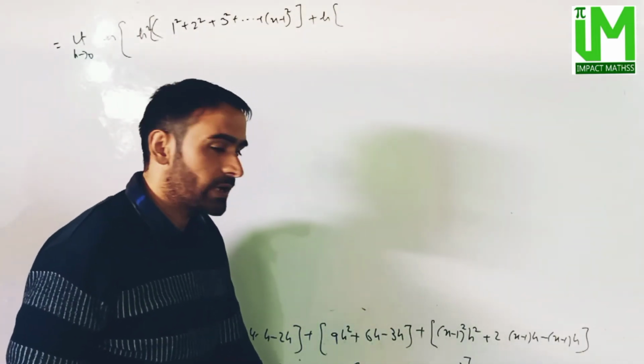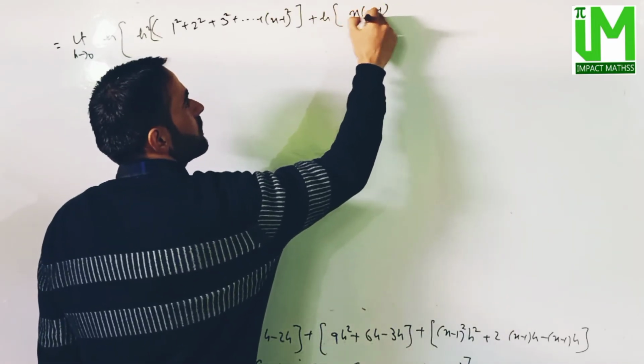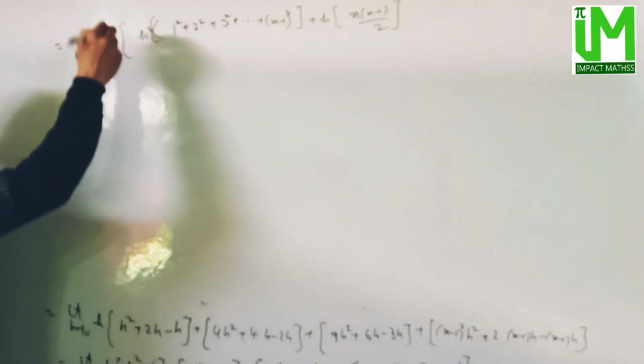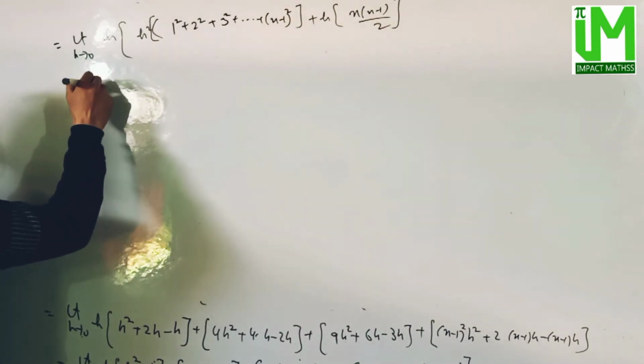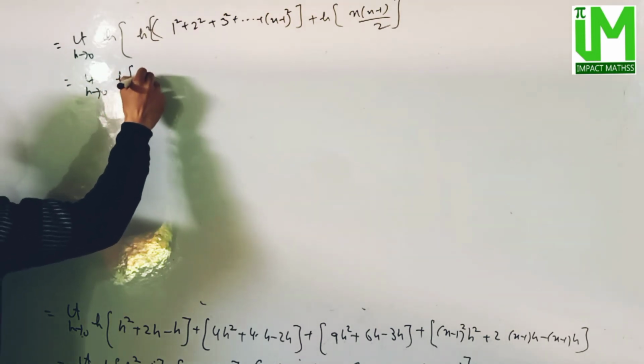Sum of first n minus 1 terms is equal to n into (n minus 1) divided by 2.